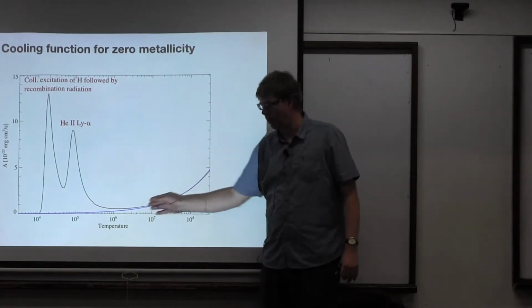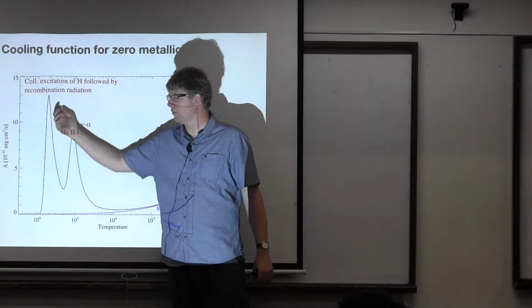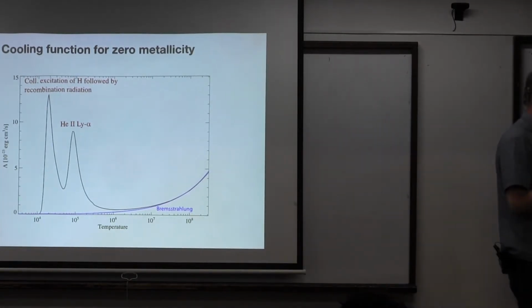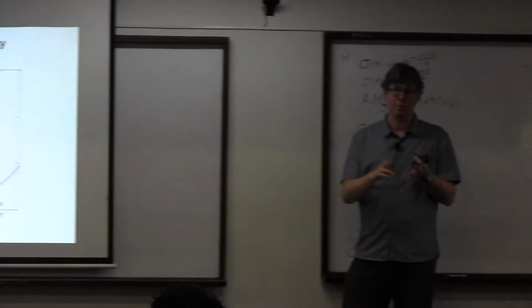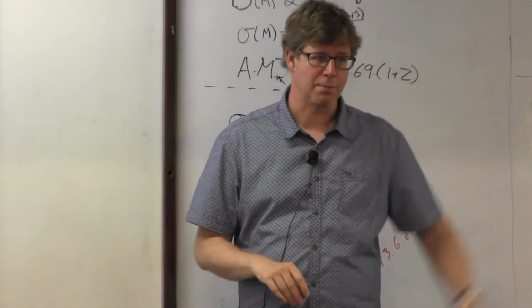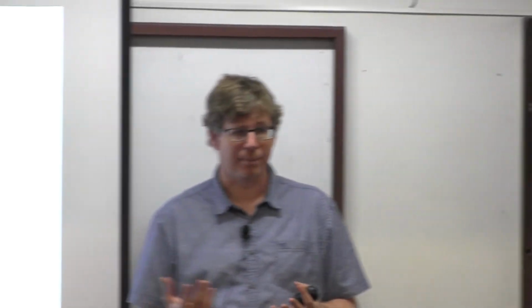This one will have more spread in temperature, but here they will be kind of isolated around a temperature. So you could approximate your gas at zero metallicity as consisting of a high temperature bit, 10 to the 5, 10 to the 4, and then whatever else managed to cool down really cold. And so you have the multi-phase medium.